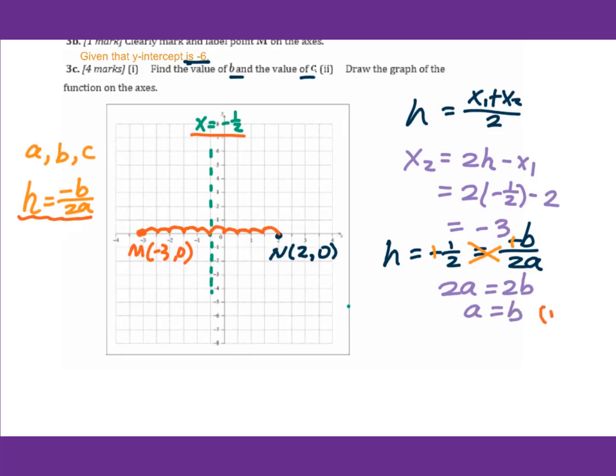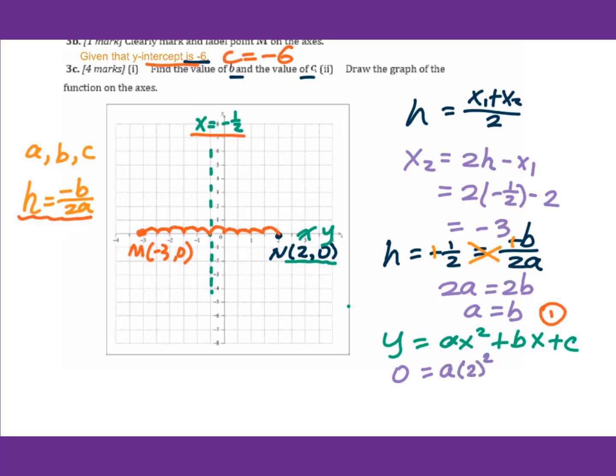This is the first equation. For the second equation, we have to use one root. That's (x, y). So we plug into y equals ax squared plus bx plus c. You are given the y-intercept, so c equals negative 6. Now we plug in y equals 0: 0 equals a times 2 squared plus b times 2, then minus 6.